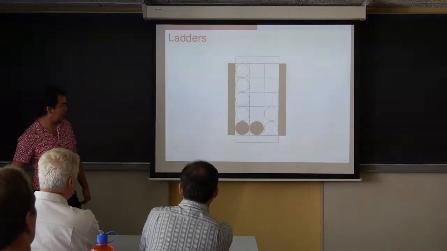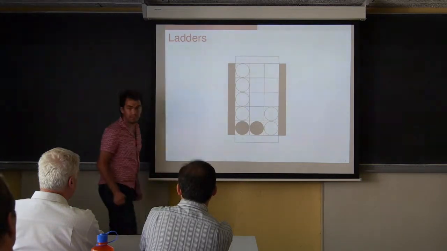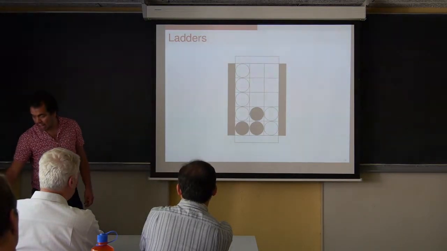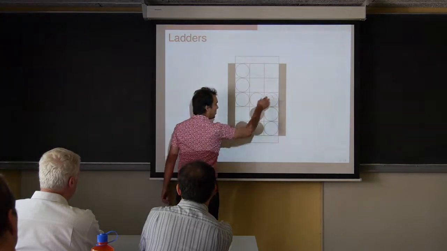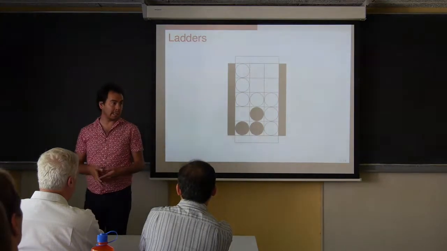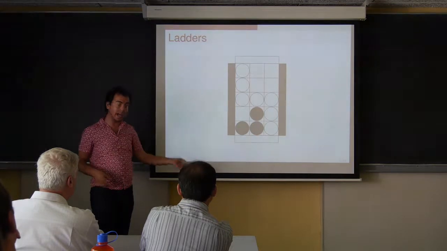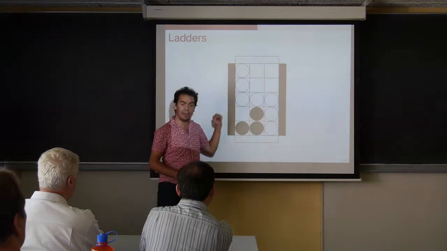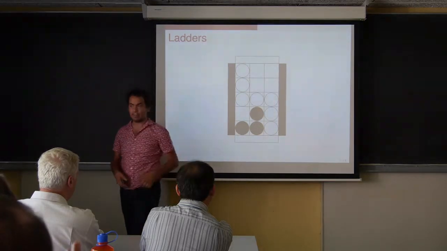White goes on, threatening to play another stone here. Black has to block again, and now white will play a stone here and move this one. So contrary to Hex and Havannah and other games where ladders can go on for a very long time, here you can stop them fairly early thanks to that moving stone possibility.